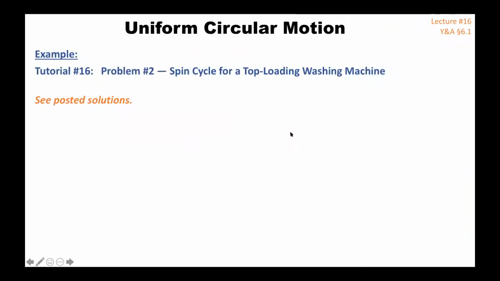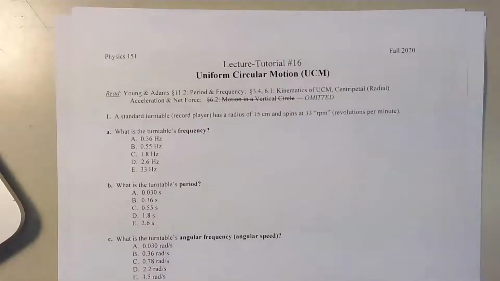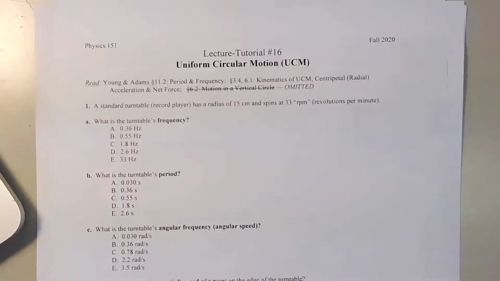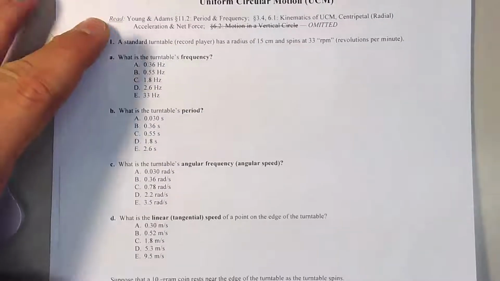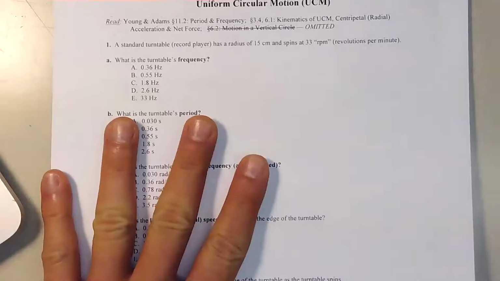All right, let's do an example now. I'm going to solve the multi-part problem, problem number 2 on tutorial 16, which asks a bunch of questions about a top-loading washing machine on the spin cycle. So here's tutorial 16, and I'm going to leave problem number 1, which is similar to problem 2, as an exercise for you.